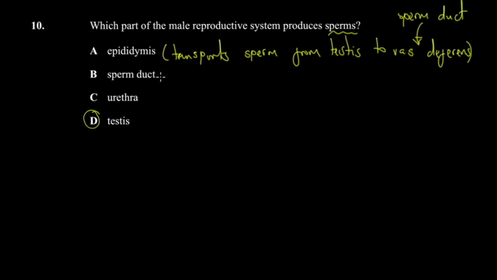Okay, and the sperm duct takes over, of course, and then transports sperm to the urethra. So the sperm duct takes from the epididymis, and then it transports that sperm to the urethra.